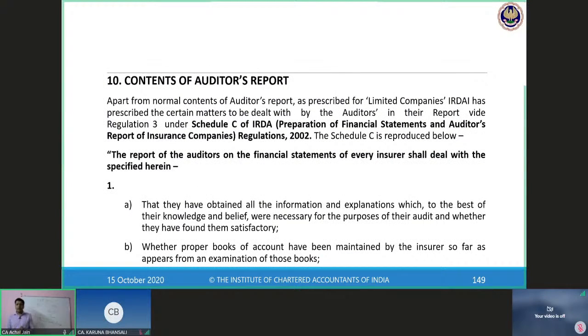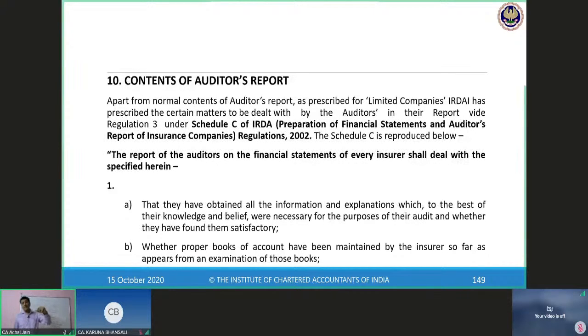Apart from the normal contents of the auditor's report as prescribed for limited companies, IRDAI has prescribed certain matters to be dealt with by auditors in their report as per IRDA regulations. So the Schedule C is reproduced below. You remember Schedule C?